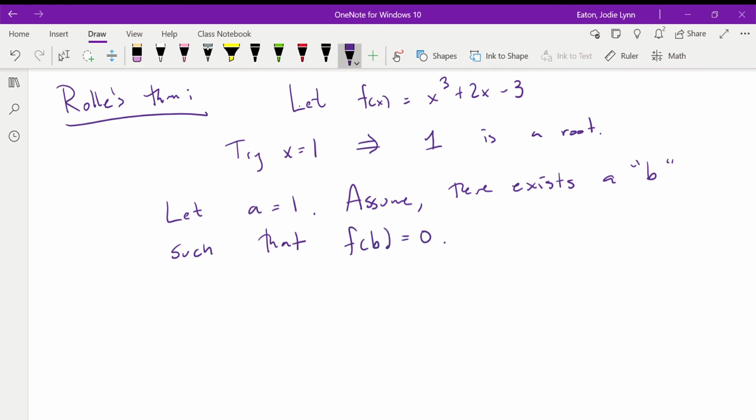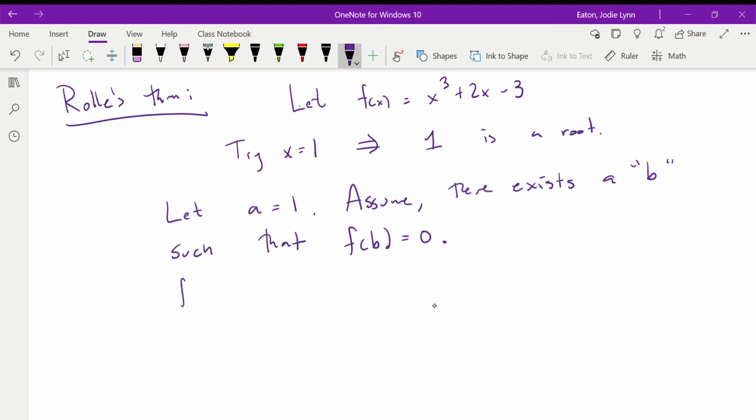So we're going to try to apply Rolle's theorem here. So assume there is a second root somewhere. We don't know what b is exactly, but let's assume it exists. In order to use Rolle's theorem, we need to pay the ticket. We need to check that the initial conditions of the theorem are met.